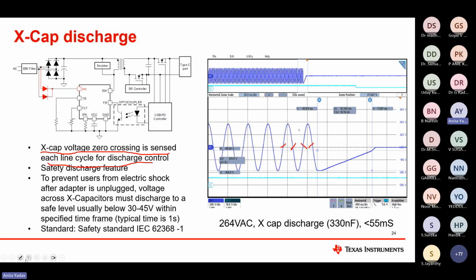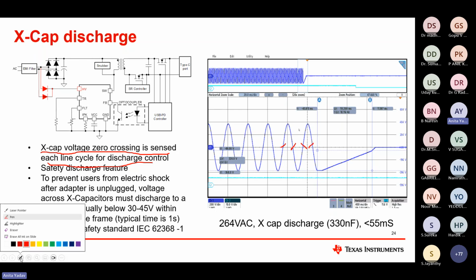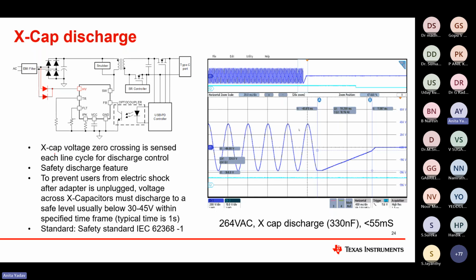It is a safety feature which is an industry standard. Why is this a requirement? When we unplug our charger, as per this standard, within less than 1 second, the voltage on the X cap, which is generally connected just before the bridge rectifier, must drop.